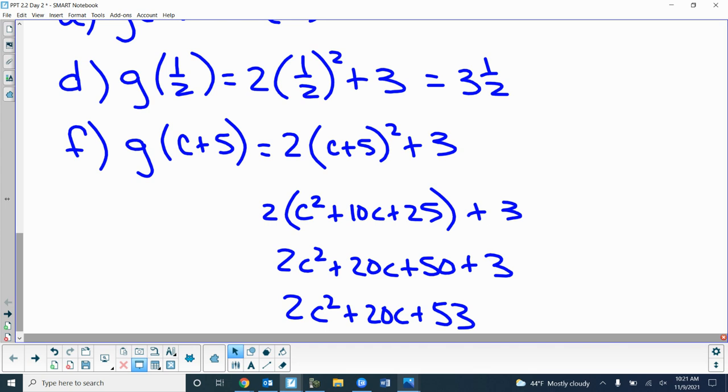For number 3, you had 6 answers you were supposed to do. I think some of you just did the first one. Number 3 is the square root of 5 for A, 3 for B, 3 for C, D is the square root of 21, E is the square root of r squared plus 2r plus 6.